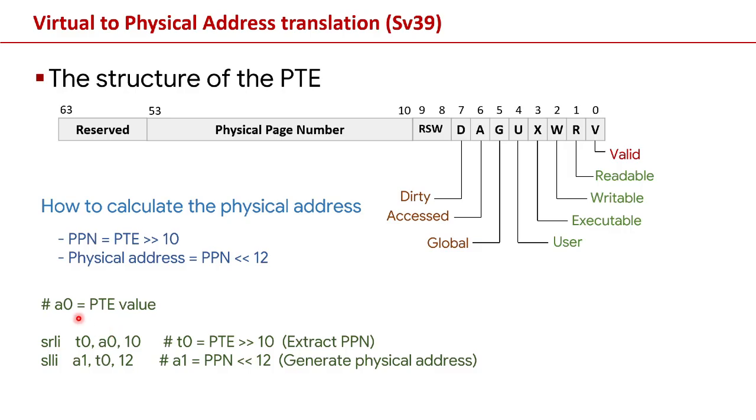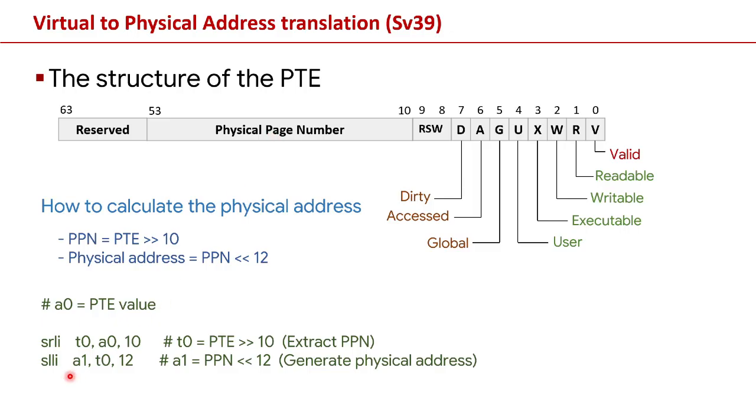In this pseudocode, let's suppose that the A0 register has the PTE, the page table entry value. This assembly instruction performs the bit shift operation over the value of the A0 register by 10 positions. As a result, the T0 register is updated to have the physical page number.